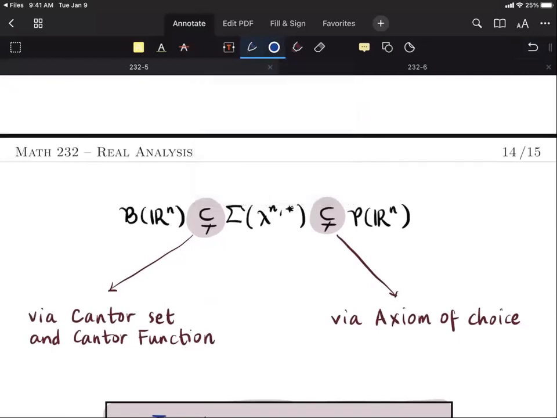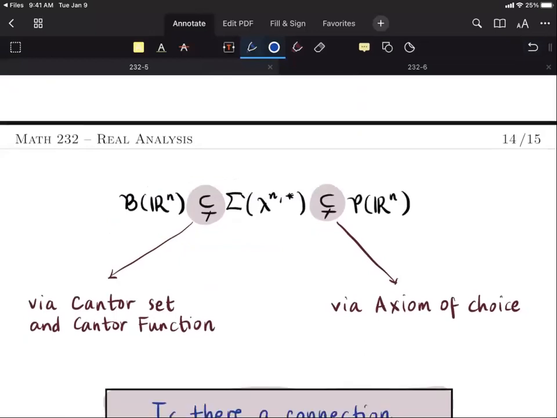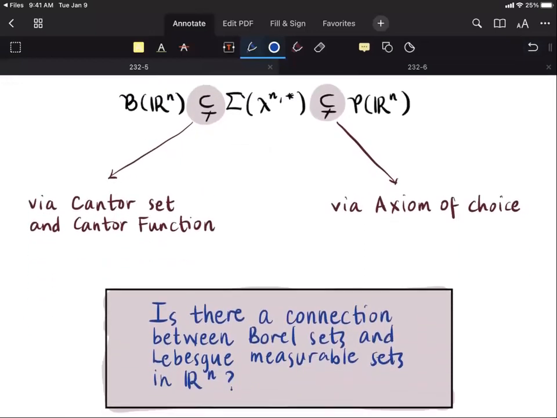Okay, having said that not all Lebesgue measurable sets are Borel, it is still interesting to see if there is a connection between Borel sets and Lebesgue measurable sets in Rn. Is there a relation between such sets? Can we relate the two?